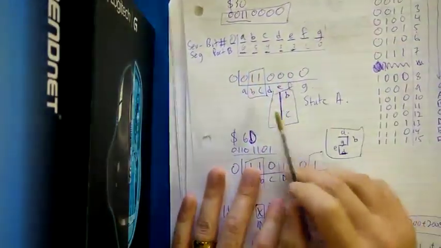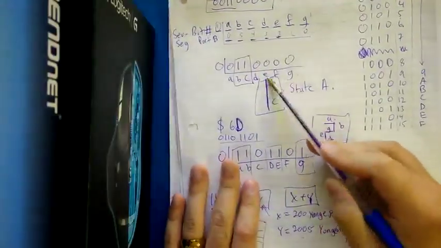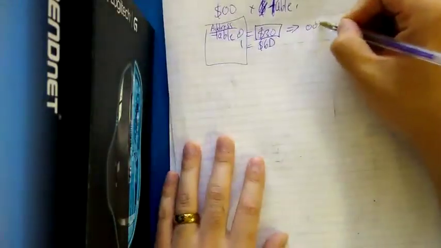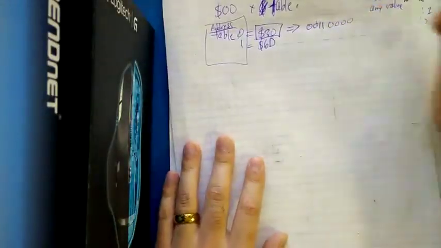0011000, right? And what does that create? State A, right? It creates a 1 on the 7 segment. This is 0011000, right?